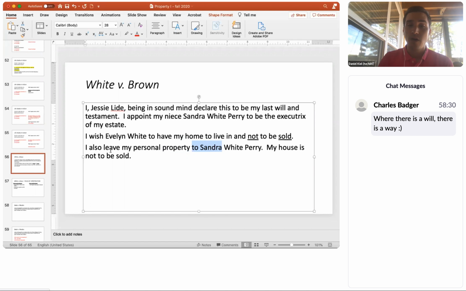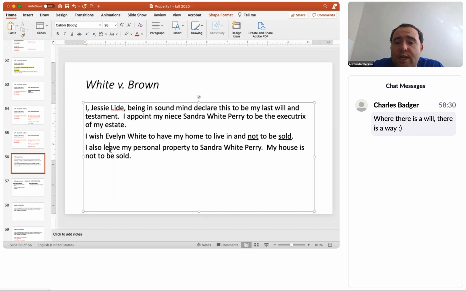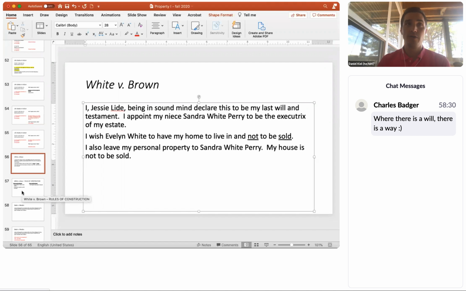Okay. How does that compare to what she did with regard to the home? Well, in regard to the home, she puts a limitation and a requirement twice specifically, and no such limitations exist to describe the personal property for Sandra. So there's limitations on the real property and no limitations on the personal property. And so what does that suggest? Does that suggest that she wants them to be kind of the same kind of interests created or different interests created?